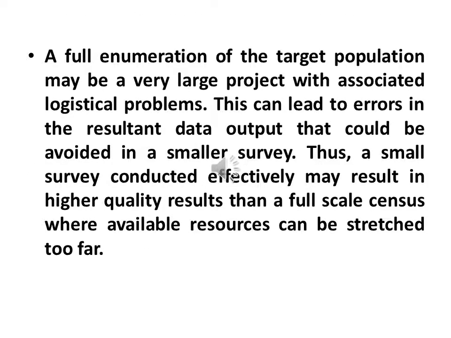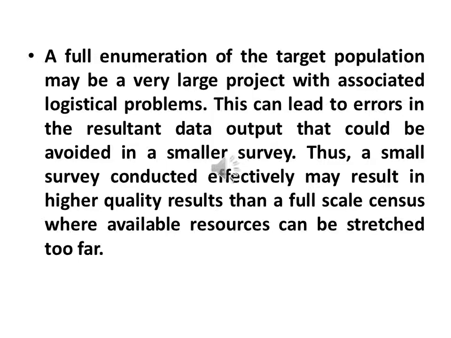This is a summarization about full enumeration. A full enumeration of the target population may be a very large project with associated logistical problems. This can lead to errors in the final data that could be avoided in a smaller survey.